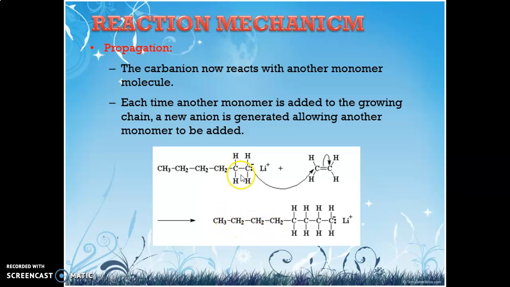Then add 2 carbons here from the ethylene earlier, and then add 2 more carbons here. Same reaction, where the electron from the carbon here is donated to the carbon at the monomer. So it will become a larger polymer here, a larger butyl anion.